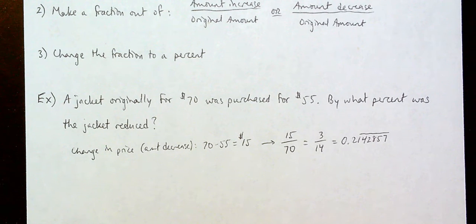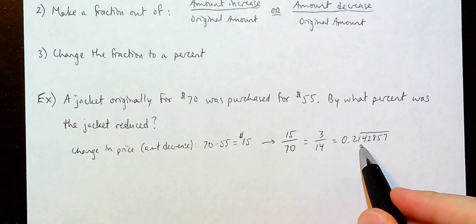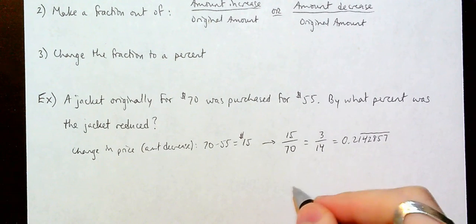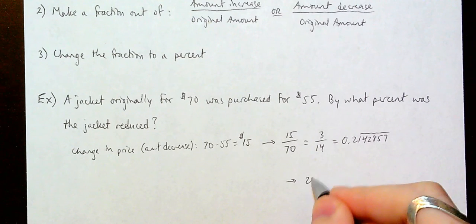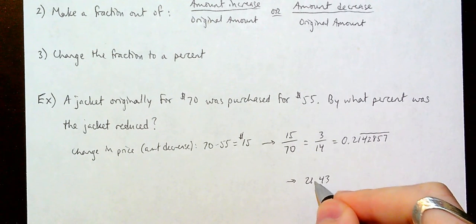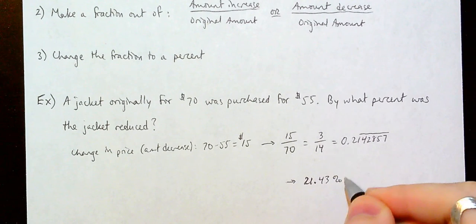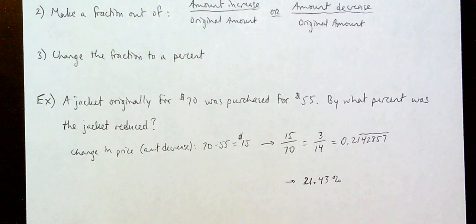So if I take this decimal point and move it 2 places to the right, we're going to get 21.43, say. And even that is going into a lot more detail than we would typically need. Typically, we just say, it was about 21% price reduction.